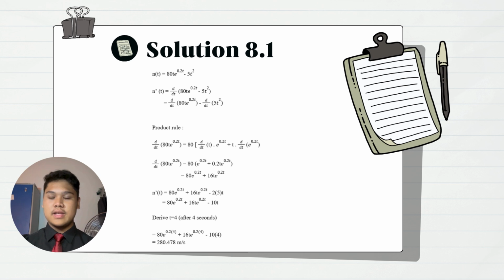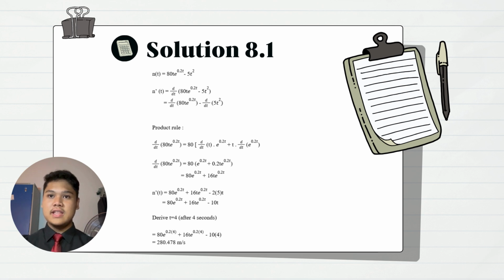So it's going to be h prime t equal to d over dt. No, sorry. First of all, differentiate it: 80t e to the power of 0.2t minus 5t squared, and then we're going to split it into two, which is d over dt of 80t e to the power of 0.2t minus d over dt of 5t squared.